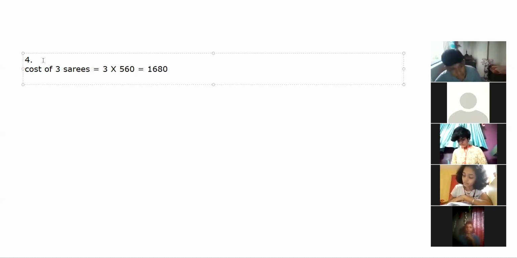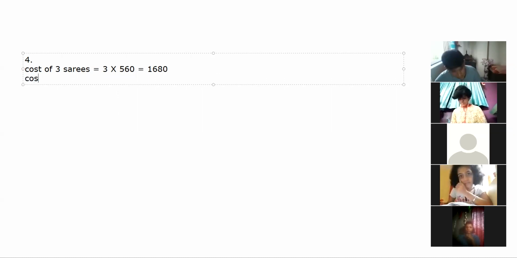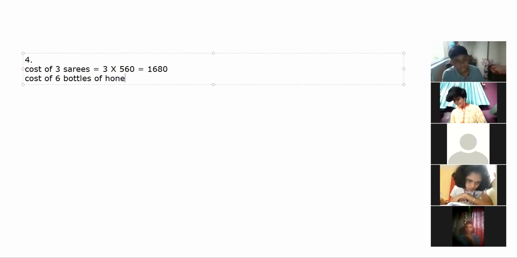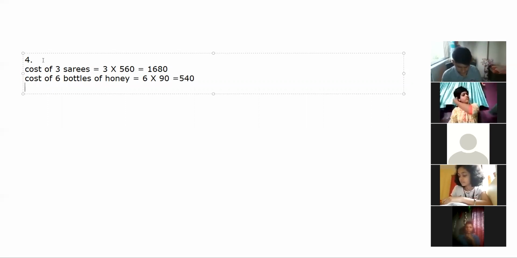Similarly, cost of 6 bottles of honey, right? She purchased 6 bottles and each bottle cost 90 rupees, so 540. Okay. So now you got the total amount she had paid for each item.